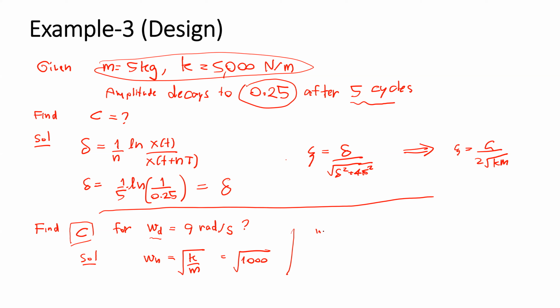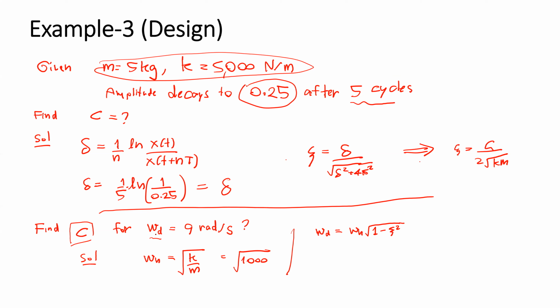And we know that omega d equals omega n times the square root of 1 minus the damping ratio squared.